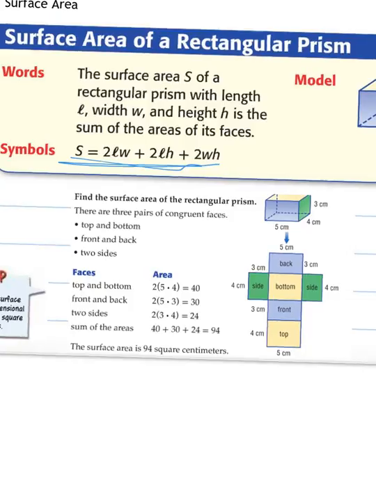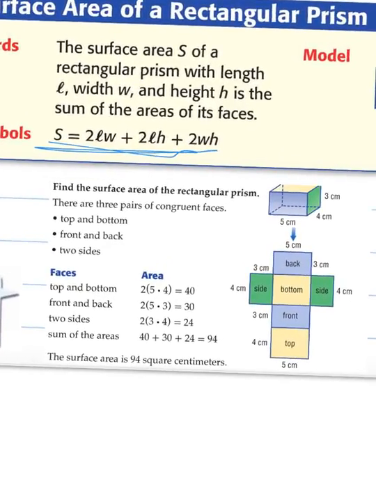This shows a little bit more of what we're doing to find the surface area of a rectangular prism. We have this prism here that has a length of 5, a width of 4, and a height of 3. There are 3 pairs of congruent faces.